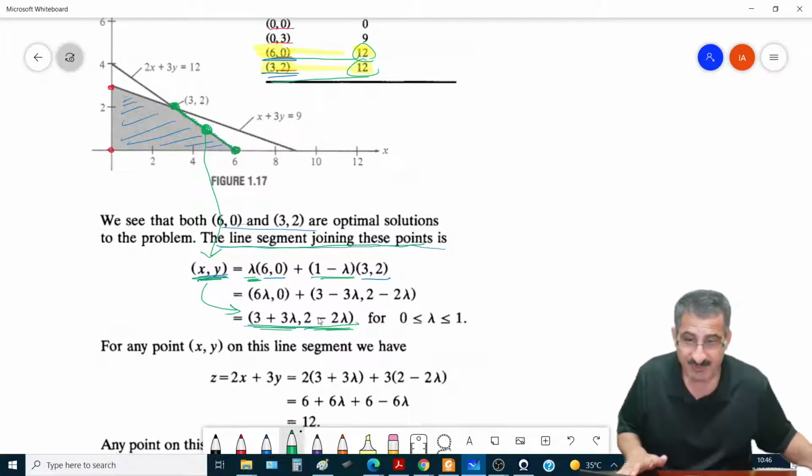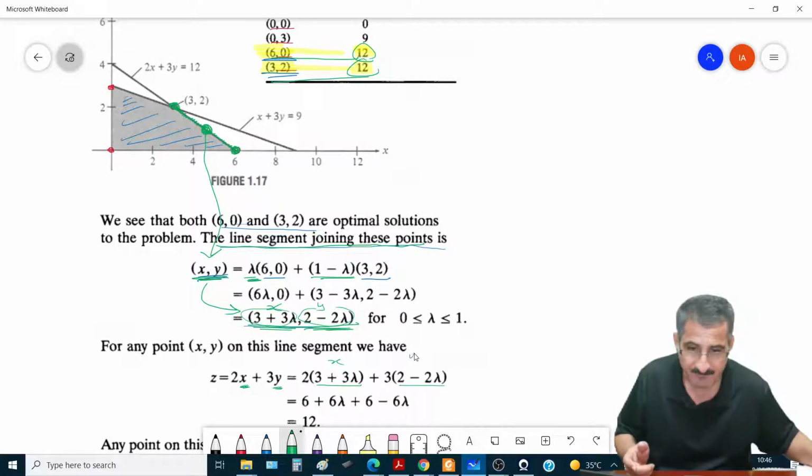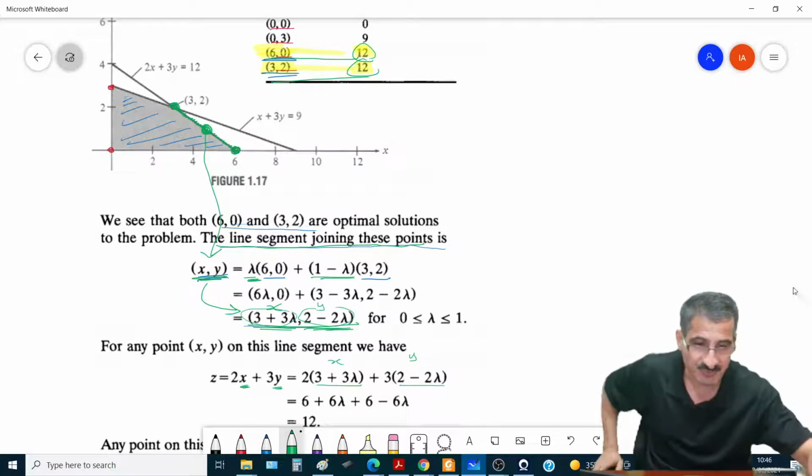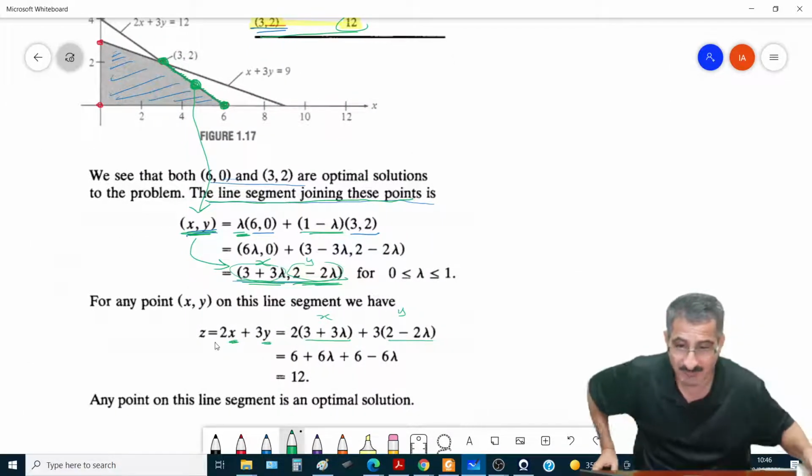Okay, so take any such point and plug it here. This is for x, this is for y, and plug them here. This is for x again, and this is for y, and do the computations. What do you get? You get 12.